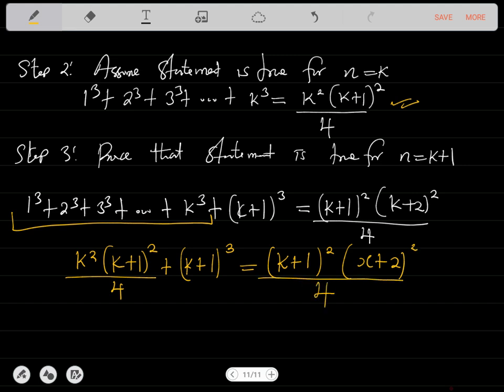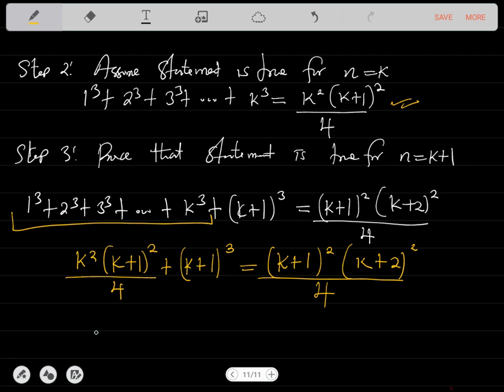These two should be equal. So when you expand this side and this side, the question is, are they going to be equal? Yes, they are going to be equal. And it's our job to prove that.